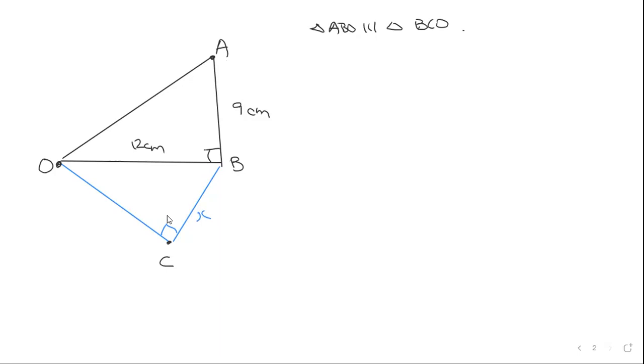So in other words, AB, which is this length over here, divided by the equivalent in the next triangle, which is BC, must equal BO divided by its equivalent, which is CO, but it's also equivalent to AO divided by this triangle's equivalent, which is BO.